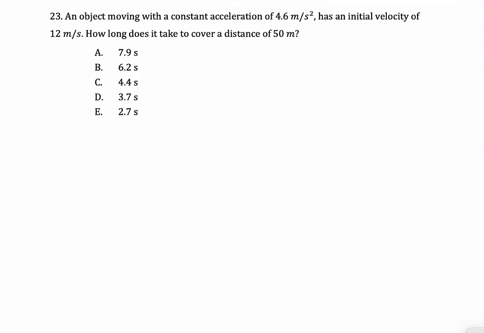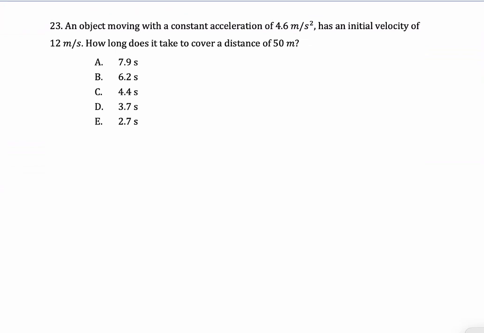We have an object that we know moves with a constant acceleration and an initial velocity, and we need to find the time to travel a distance. Most likely we're going to use rule number 2. We know the distance, we know the initial velocity, we don't know the time.